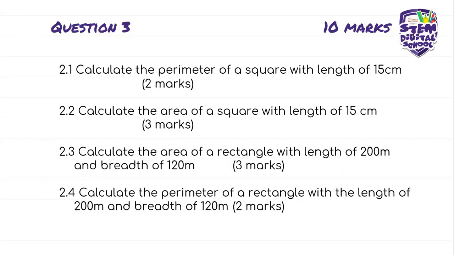So this becomes 120 plus 200, it's equal to 320. And if you multiply that by 2, you get 640. Great, great, great. 640 will be the correct answer there.